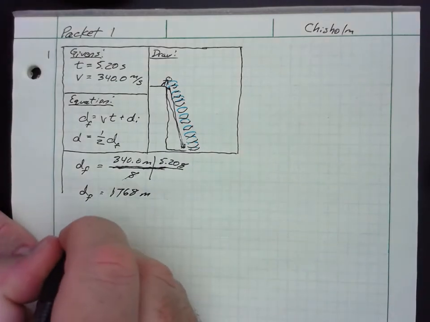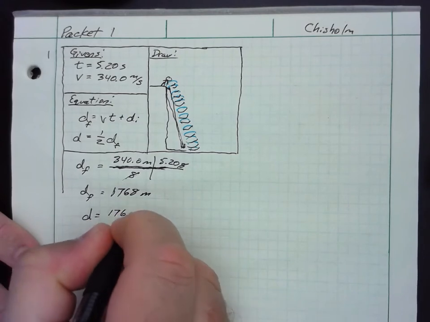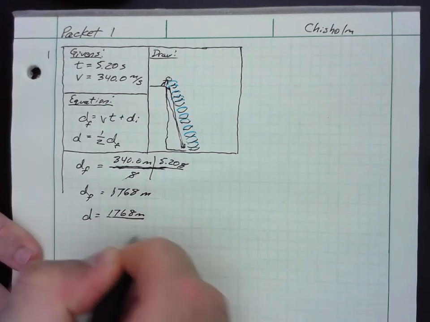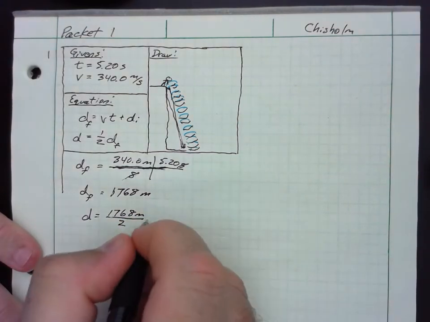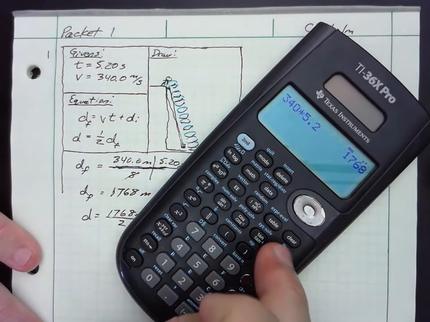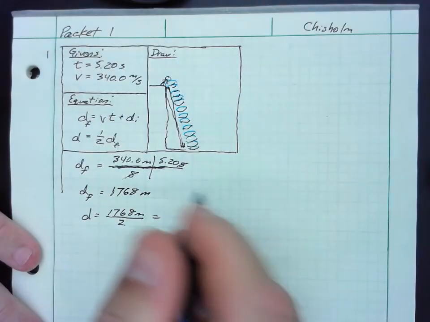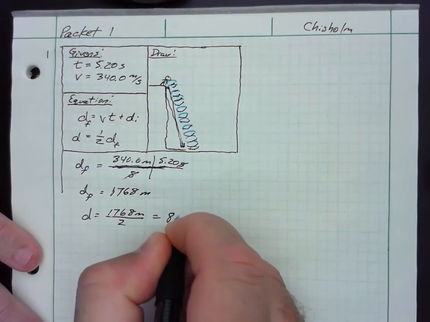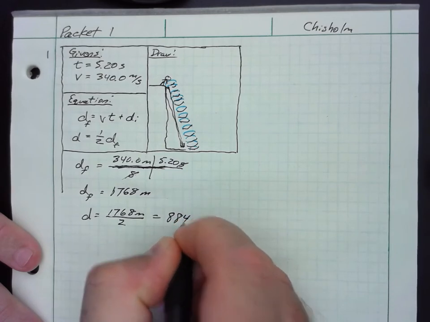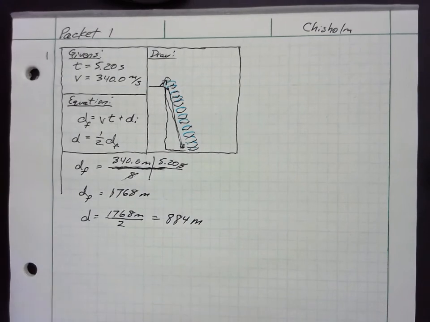So now d equals 1768 meters divided by 2. So for our final distance, we just take our answer and divide it by 2. We get 884 meters. That's 0.88 kilometers.